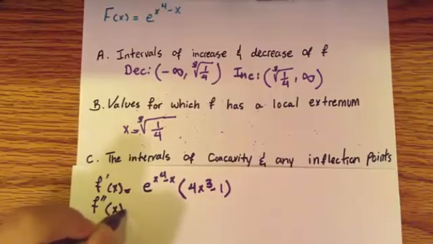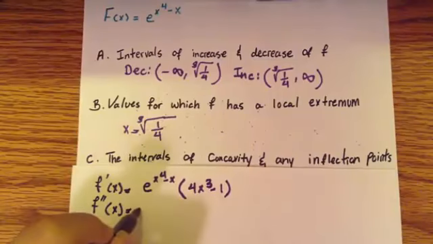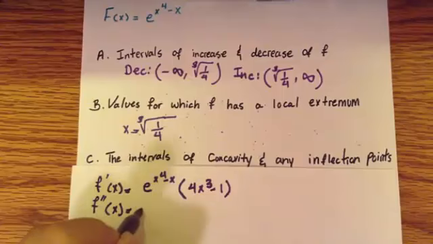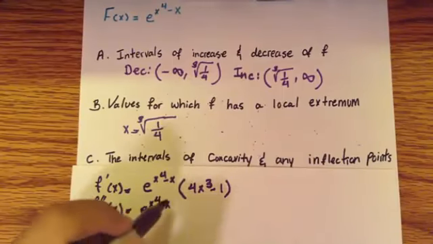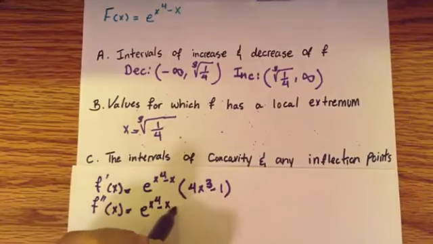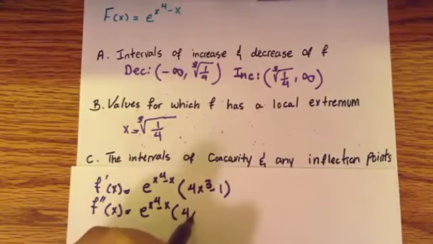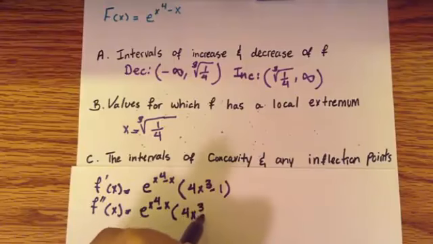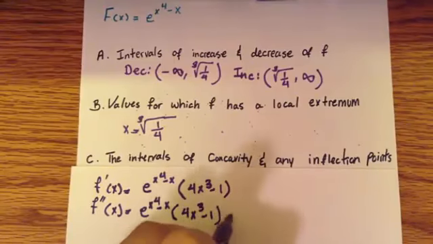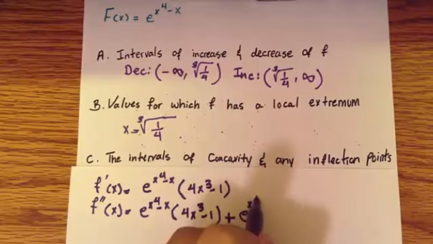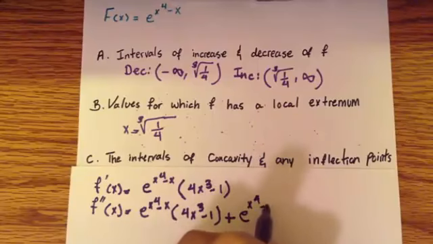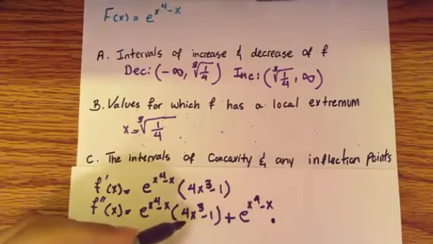So for the second derivative, we're going to leave the first part alone, so we have e to the power of x to the fourth minus x, and we also leave the second part alone, so 4x cubed minus 1, plus, again leaving the first part alone, e to the power of x to the fourth minus x times whatever we have inside our parentheses.